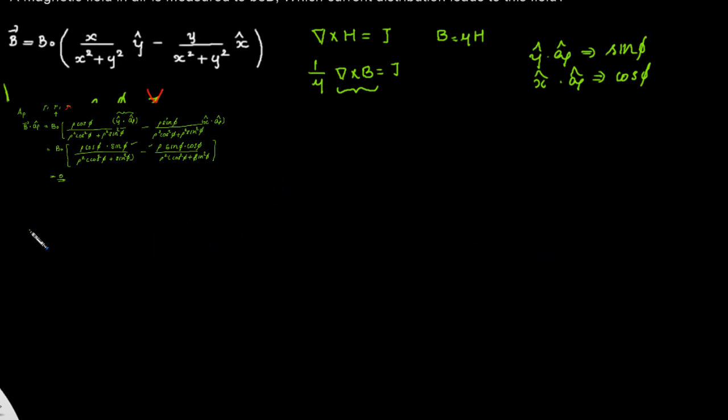To find the component of the B vector along a phi, we need B vector dot a phi.